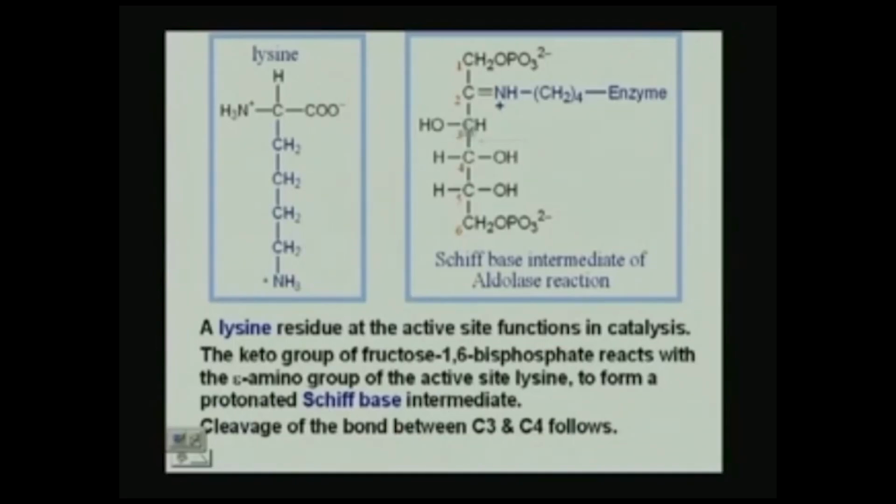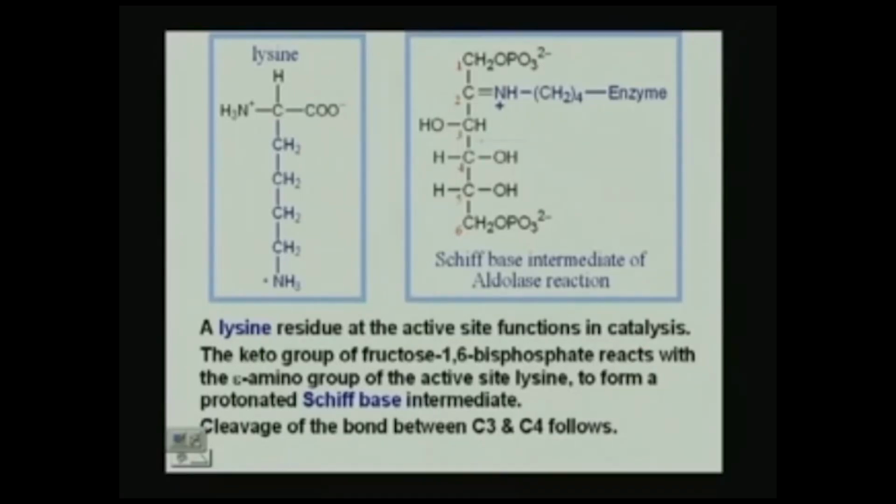Okay, so we have a lysine residue in aldolase that is present at the active site. What this lysine does is the keto group of fructose 1,6-bisphosphate reacts with the amino group of the lysine, okay, and it forms a protonated Schiff base. Then there is a cleavage between carbon atoms 3 and 4. We are not going to go into the details of all this, but what you have to know is you have the breakdown from the 6 carbon to the 3 carbon by the enzyme aldolase.